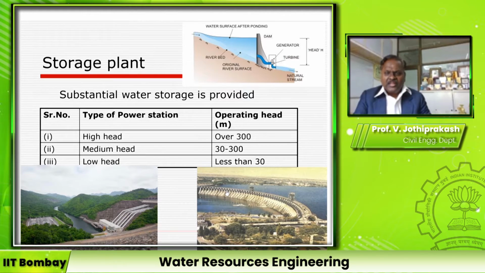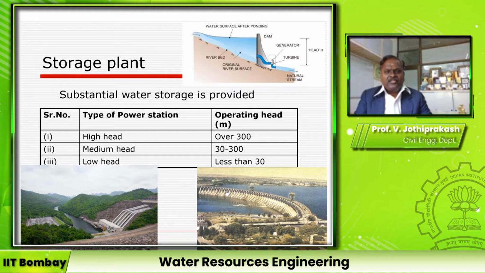300 meters head means not the height of the dam. The dam is at very high elevation. The power plant may be at a lower level. So the water is diverted through the penstock, and the penstock brings the water from a level difference of 300 meters. That is what we call very high head storage power plants.